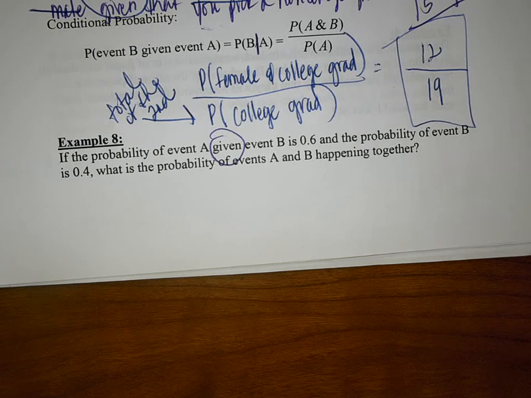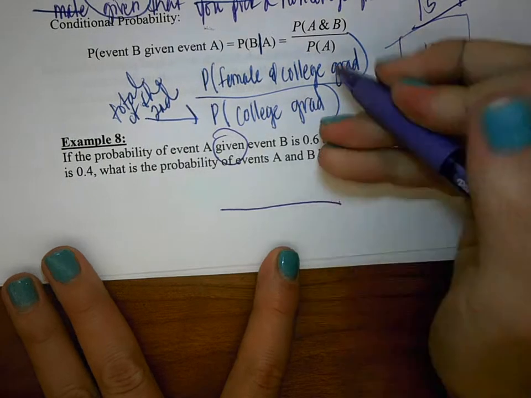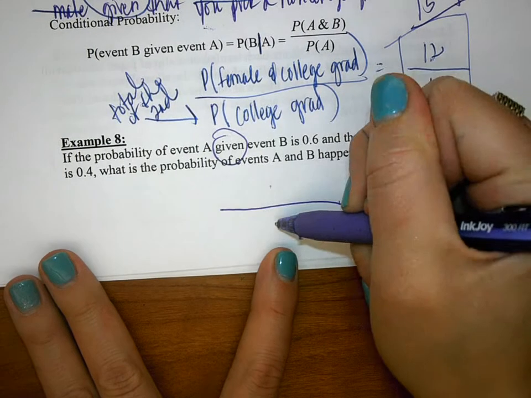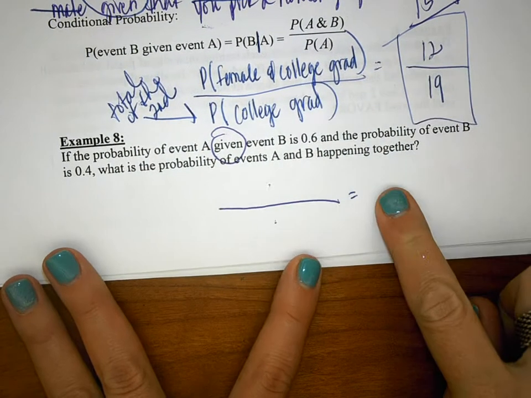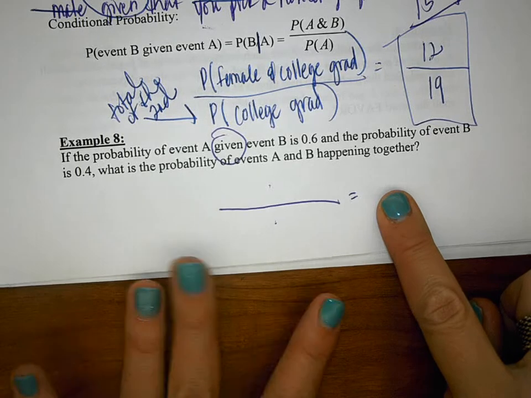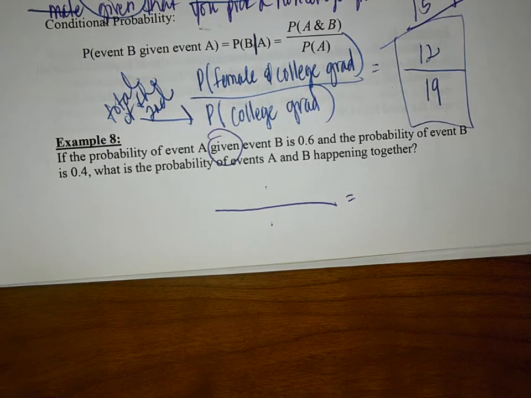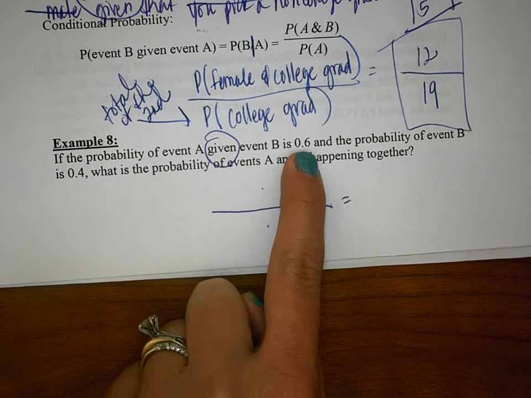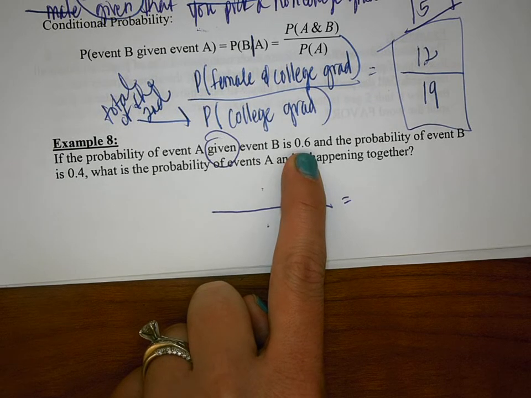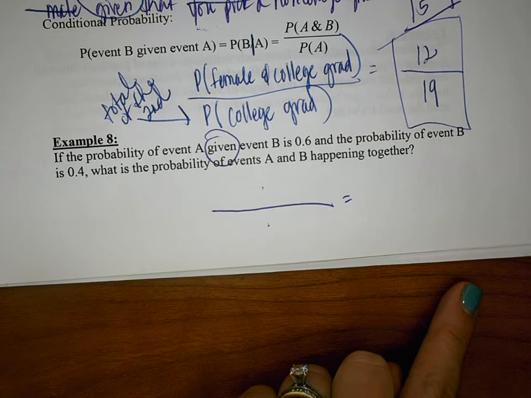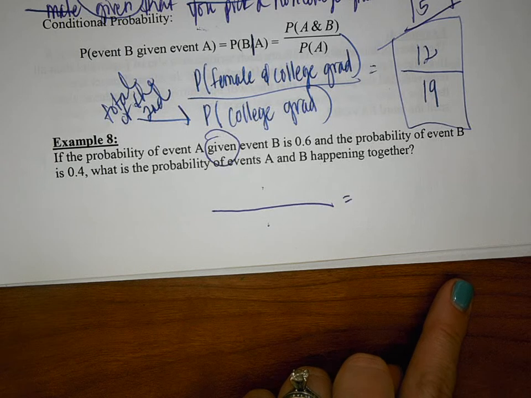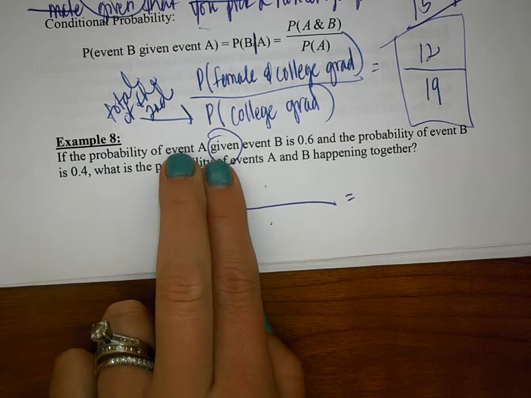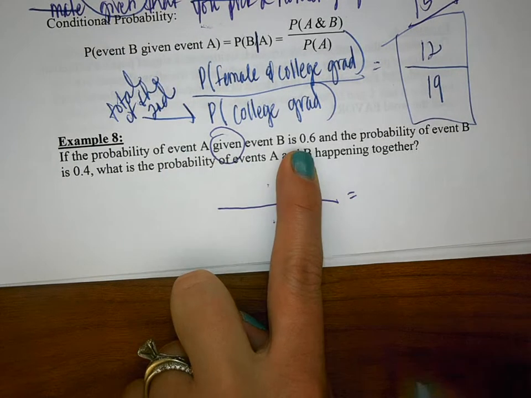You have your fraction where you have A and B divided by the total of the second equals your given part, right? So they said the probability of event A given event B is 0.6, where would the 0.6 go? It's going to go in the answer part, okay?